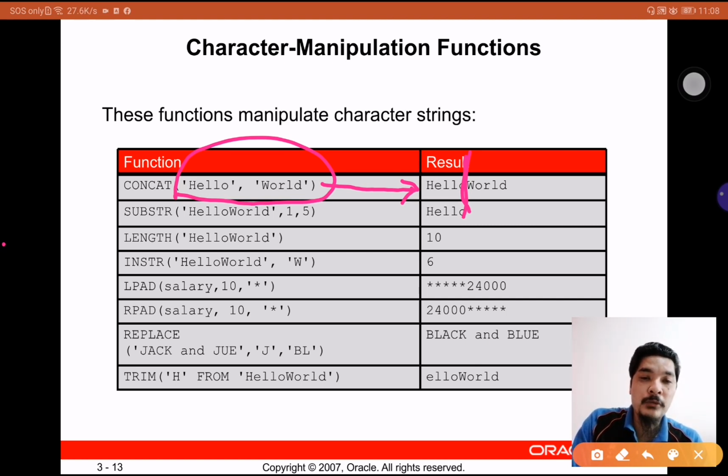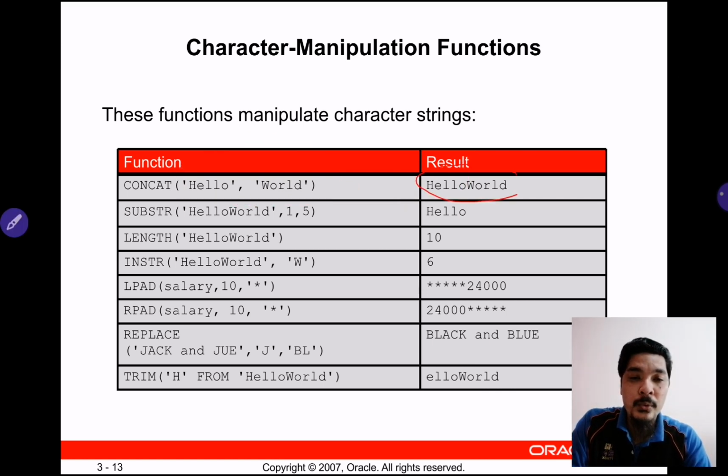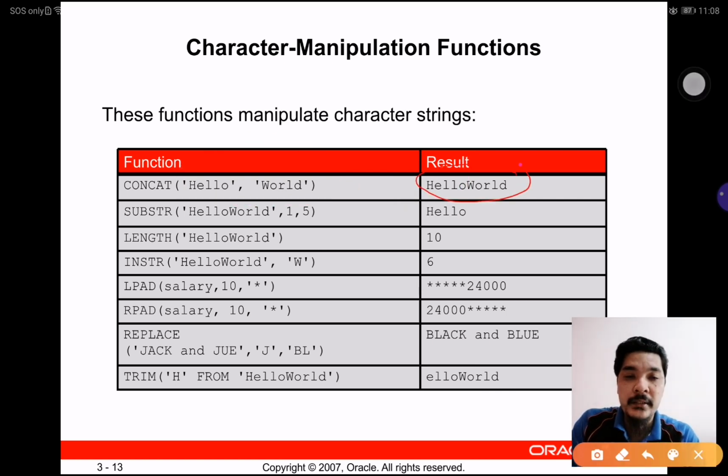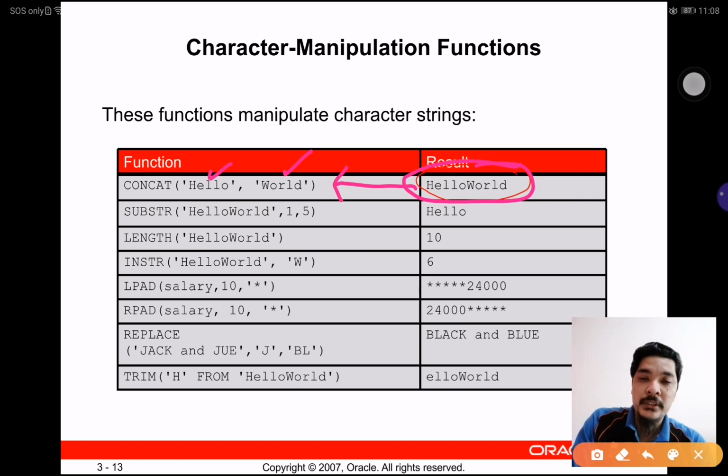So the output will become hello world. Because we have two strings here, hello and also world. So this is what we call concat, and we just use the function concat and do not put concatenation in the full text. Just put concat. This is what we call a function.